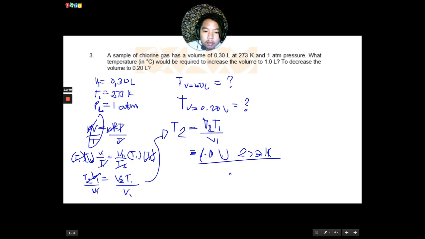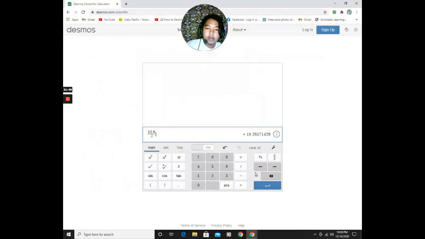It's getting messier and messier. Alright, let's input that in our calculator.